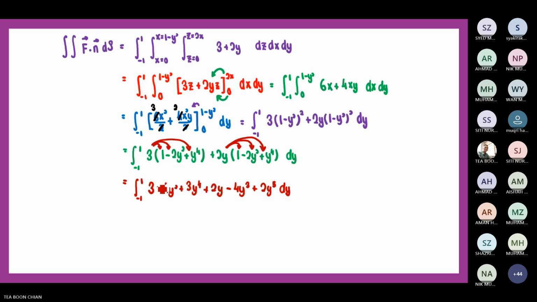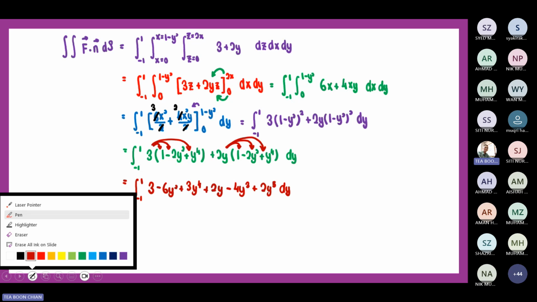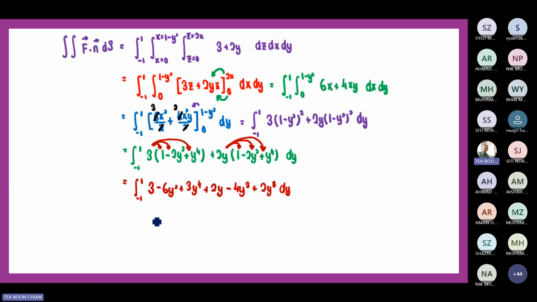Unfortunately, none of them are the same: 3, 6y squared, 3y power 4, 2y, 4y cubed, 2y power 5. None of them are actually having common terms. Therefore, you have to integrate each of them one by one.